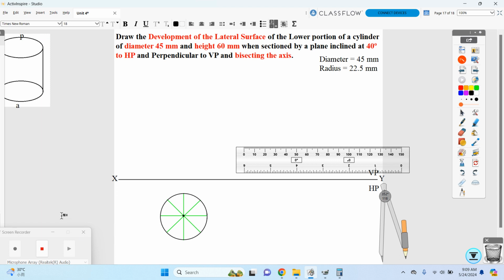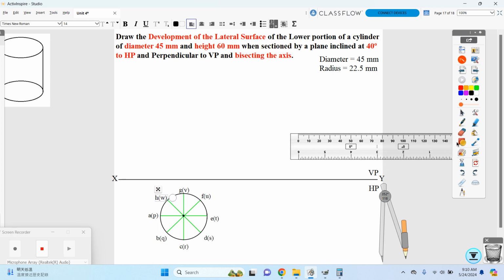I am going to write over here: A of P, then the second point as B of Q, then my third point as C of R, then my fourth point as D of S, then my fifth point as E of T, my sixth point as F of U, then my seventh point as G of V, then my eighth point as H of W. Okay, so we have mentioned our points.